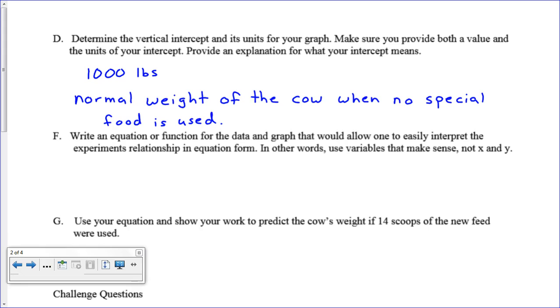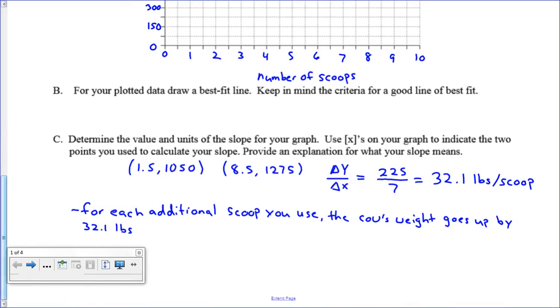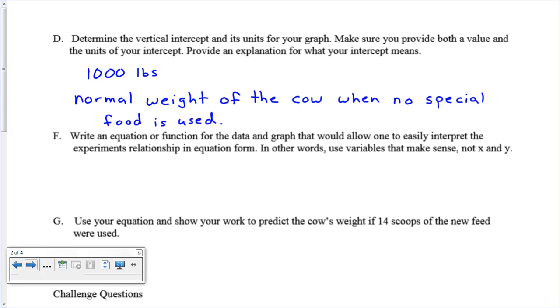Now, writing this into a formula, we need to use the slope that we got on the other page, which is 32.1, and this 1,000 for our y-intercept. We start with y equals mx plus b. Then we put in the things that we have.